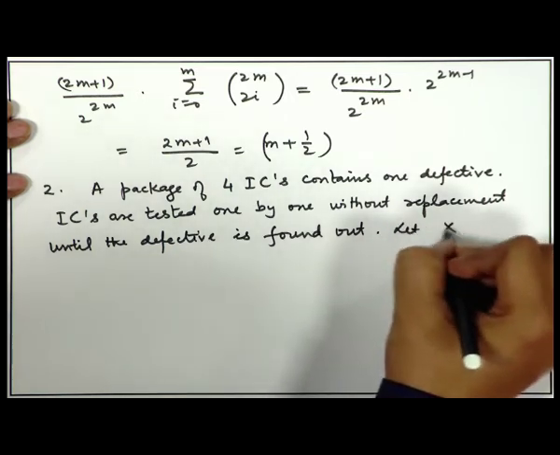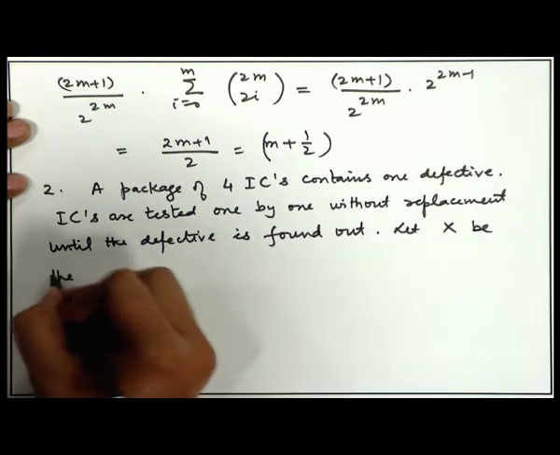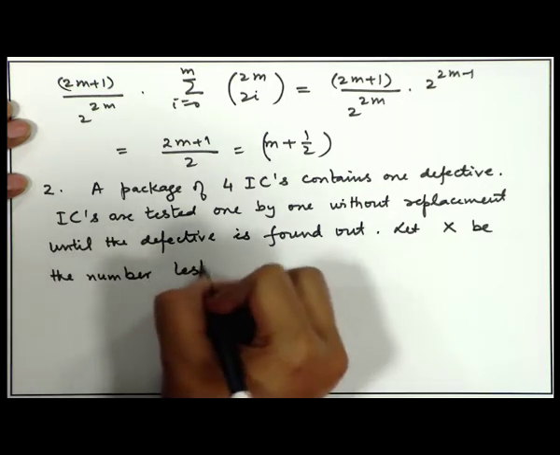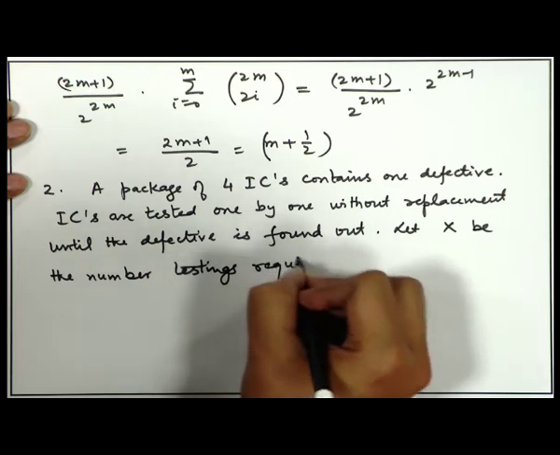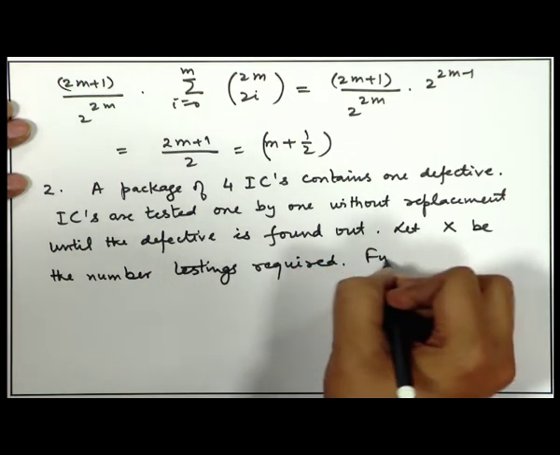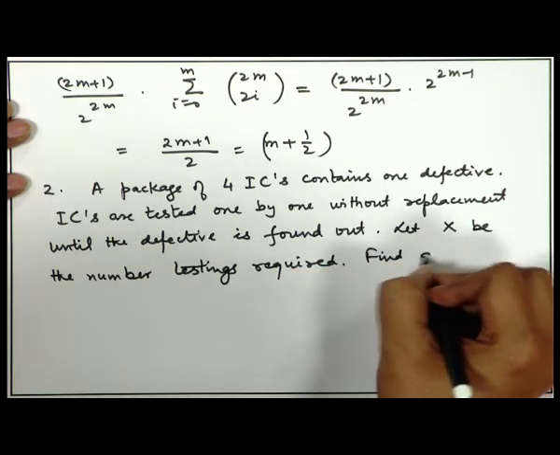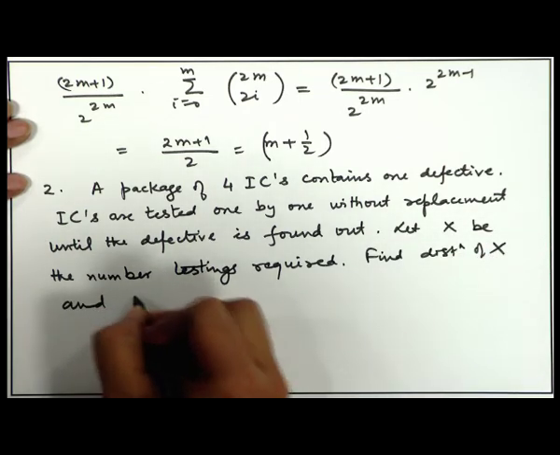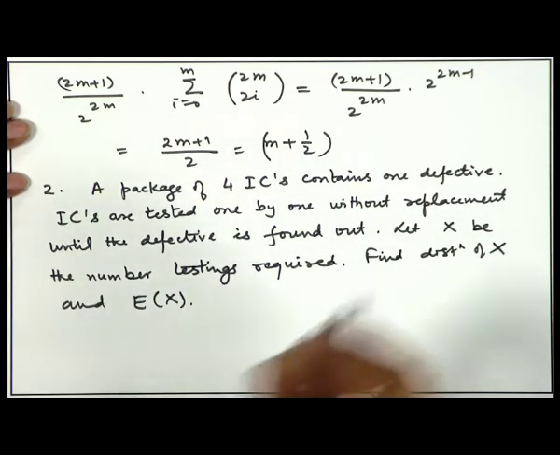Let x be the number of testings required. Find distribution of x and expectation of x.